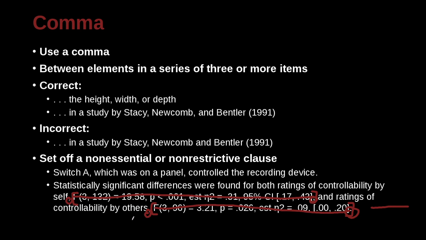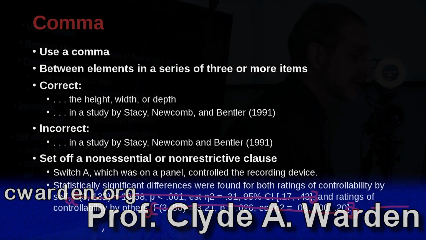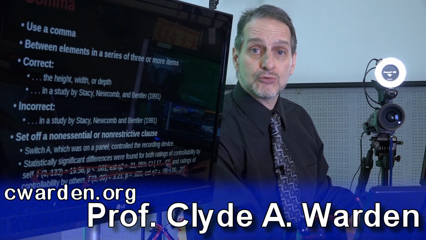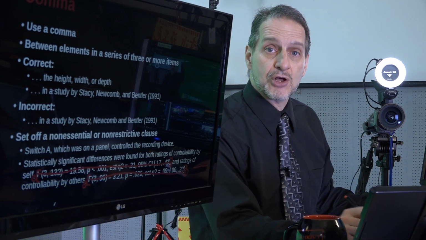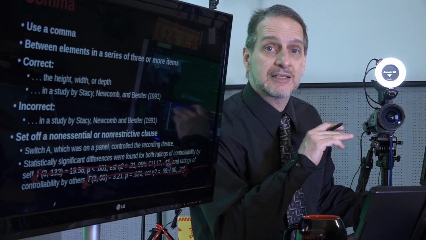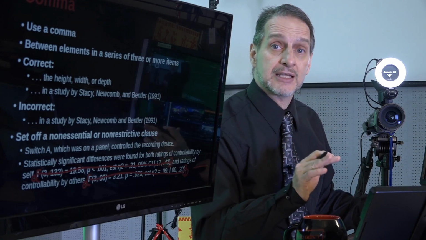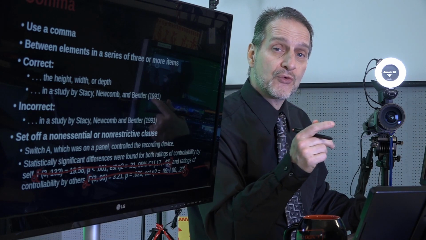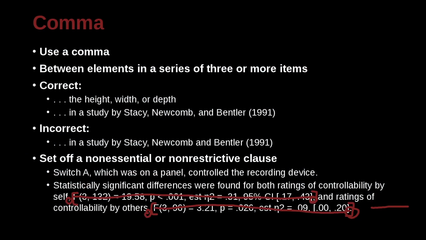That sentence is perfectly good. It makes sense. So do I need to have a comma? Yes, because those are non-restrictive clauses. You can take them out of the sentence and the sentence is still a complete sentence. So, comma before, comma after.